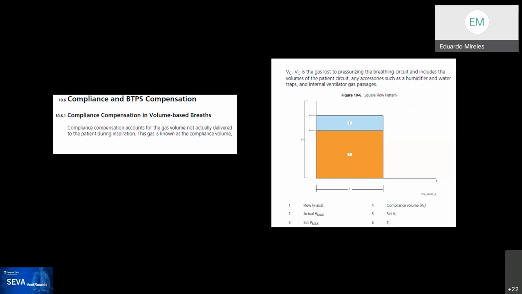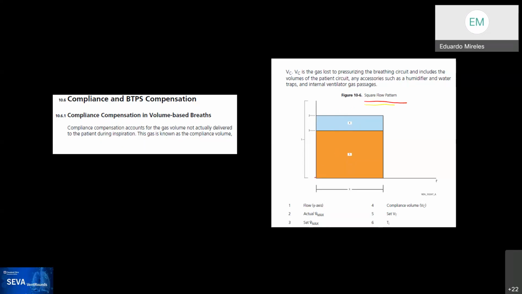And what they do, which I think is happening here, is that they have this compliance compensation that is essentially a circuit compensation. They have it in volume control, and this graph actually you can see is a square flow. Actually, let me change the color of the pen so you can see what I'm highlighting there. So it's in a square flow pattern.